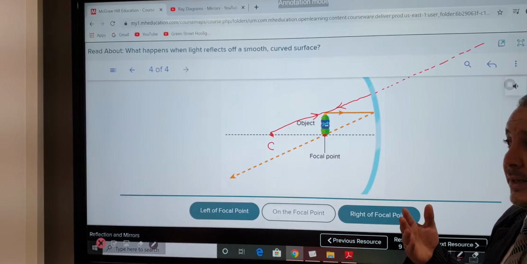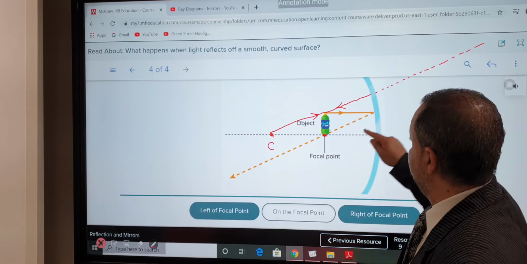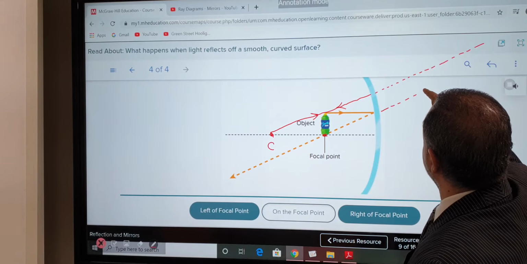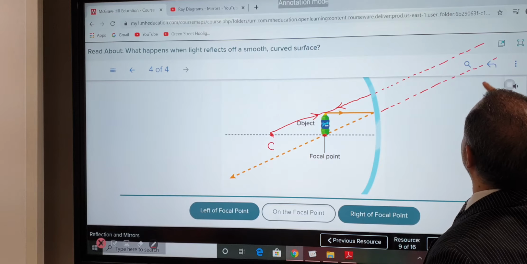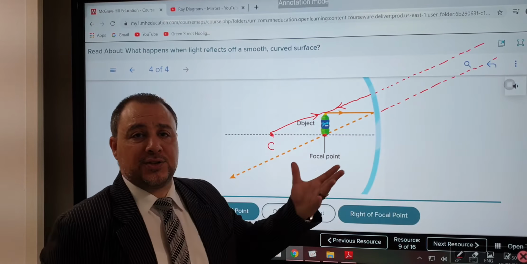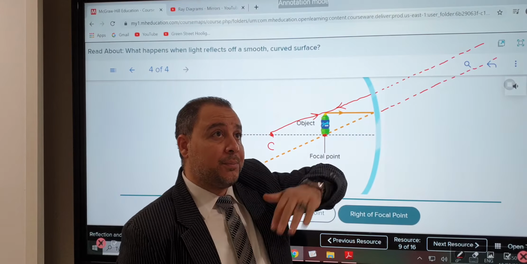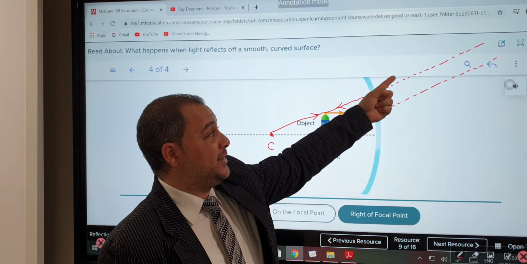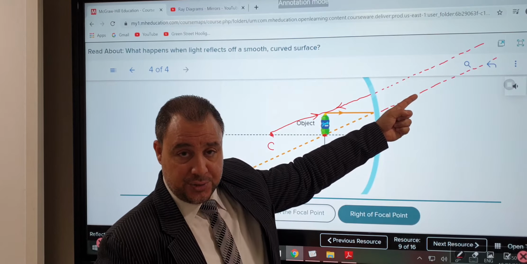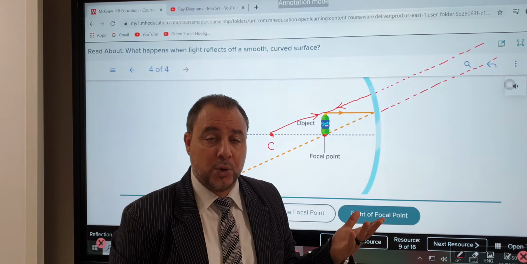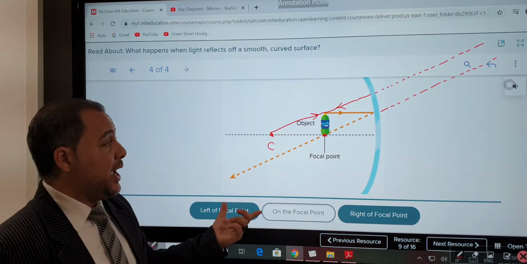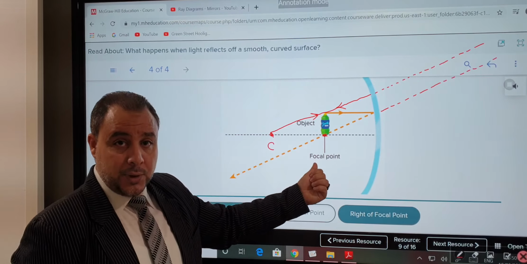If you make the extension of the reflected rays, it will be this. So what happens? There is no image formed because there would be no intersection between these extension rays. So there would be no image formed if the object is put at the focal point.